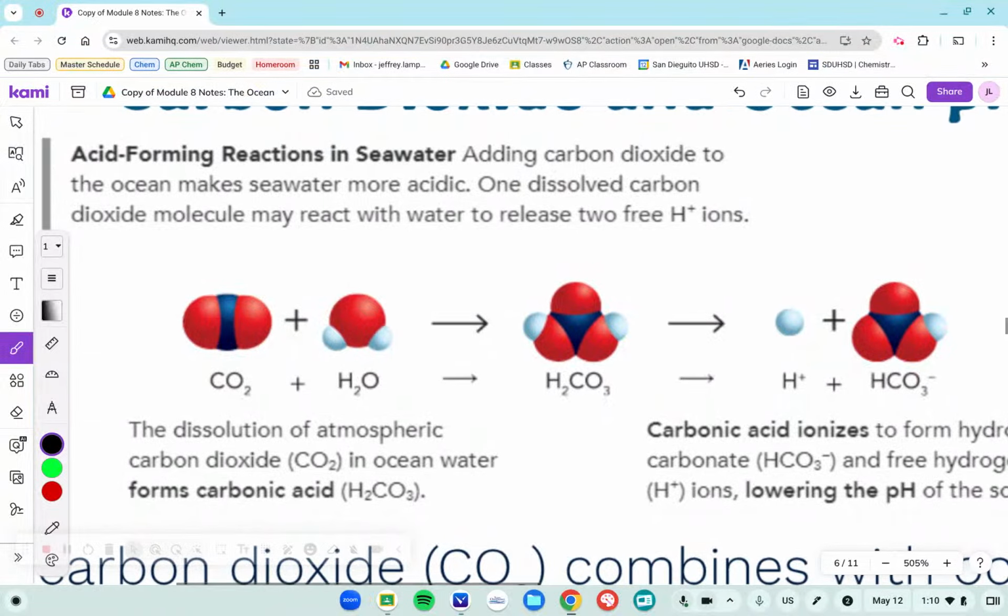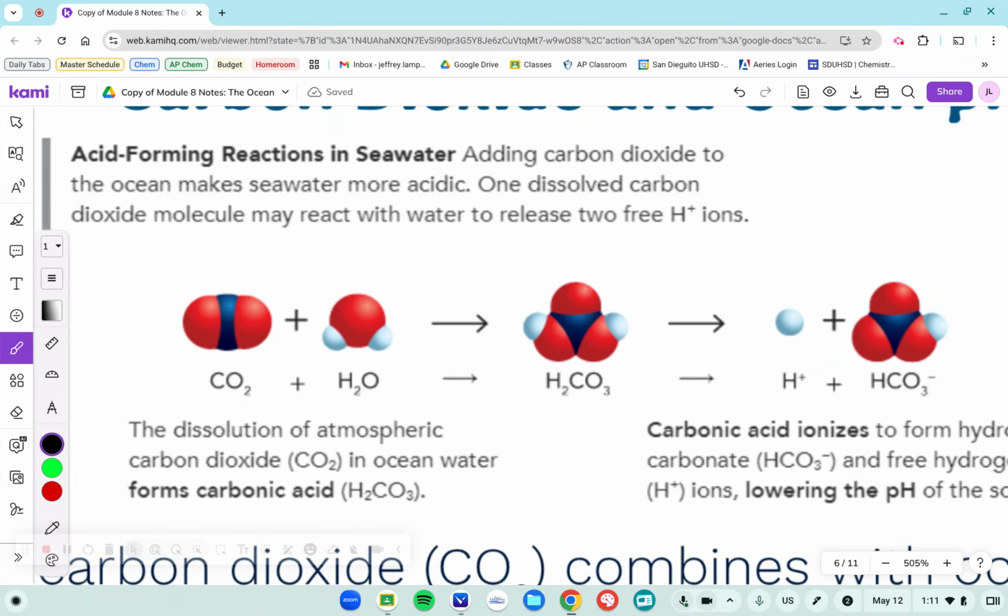If we look at this reaction here, carbon dioxide can react with water to make this chemical here, H2CO3. Now based on the formula, what type of chemical is this? Acid or base? Acid, it starts with an H, right? Because it starts with an H, this can then dissociate to make H+ and HCO3-.